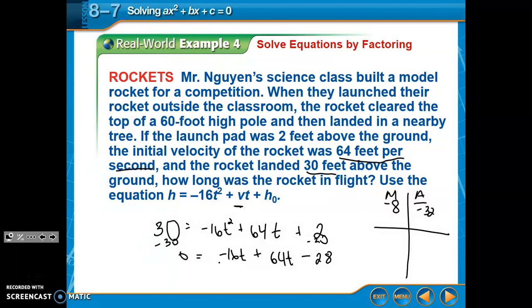Okay, so here I still want to get rid of any common terms. All of these now are divisible by 4.